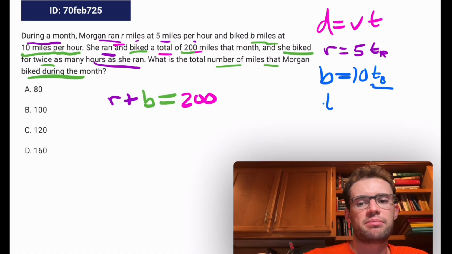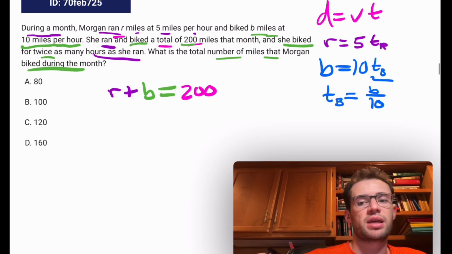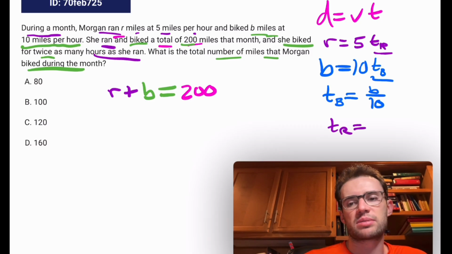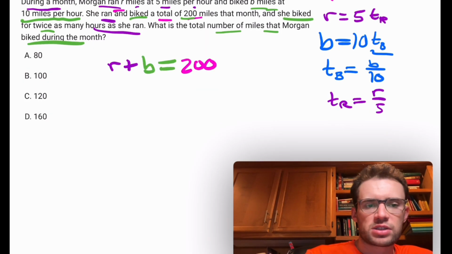So if we want to get TB alone, time biking, you divide both of these by 10, you get B over 10. So B over 10 is TB. And then to find TR, you divide both sides by 5, we get R over 5. So we've got both of those things, and now I can write out this equation.